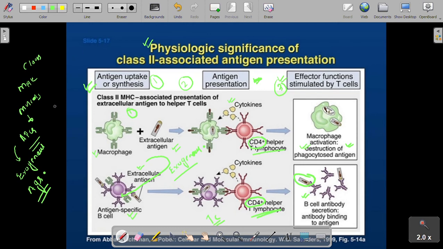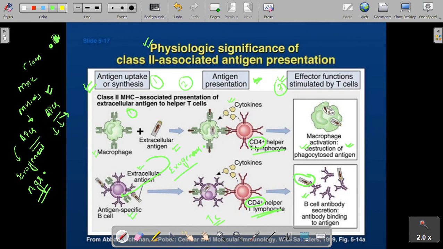The exogenous pathway is mainly performed by the MHC class 2 with the help of the antigen presenting cells, that is B cell, dendritic cell and macrophages. And the second one is the endogenous pathway, where the antigen resides inside the cell only, such as in the case of viral infections.